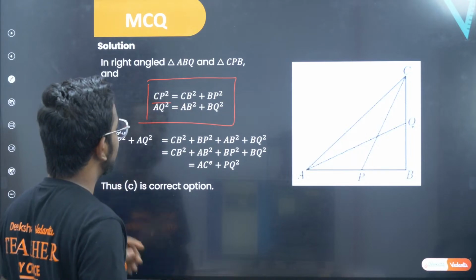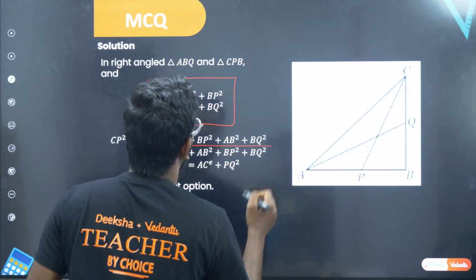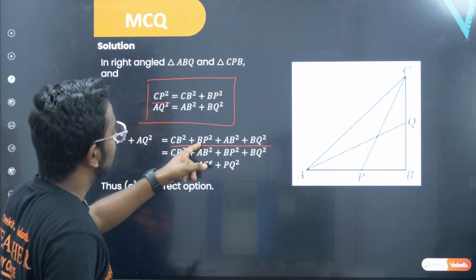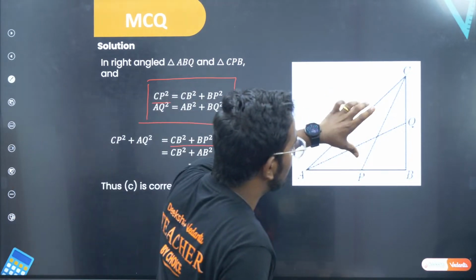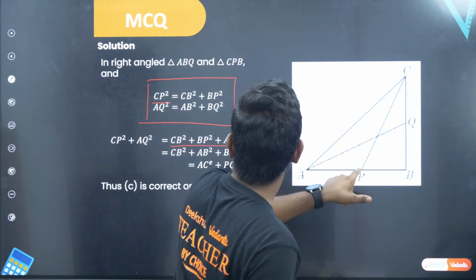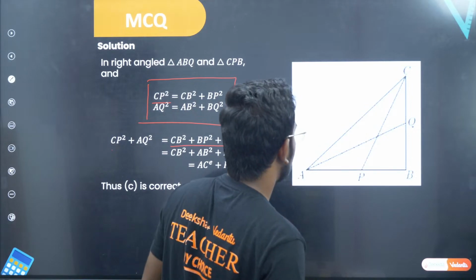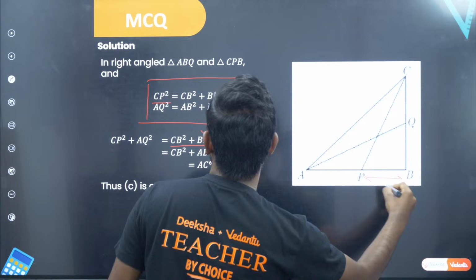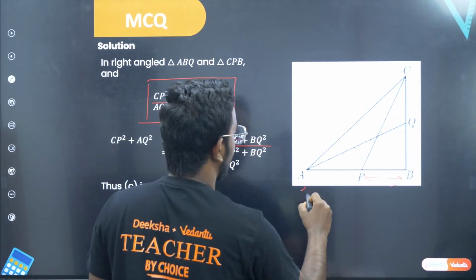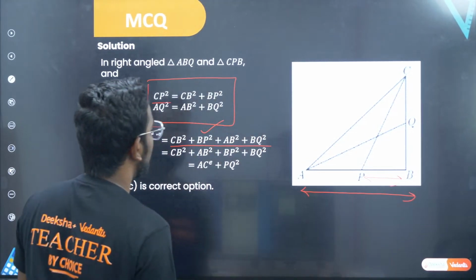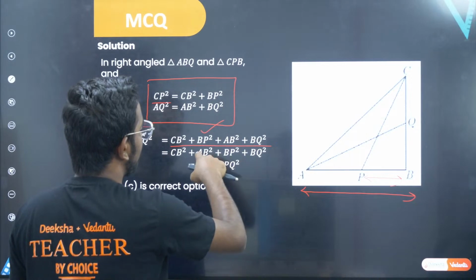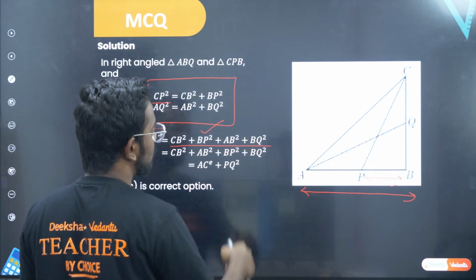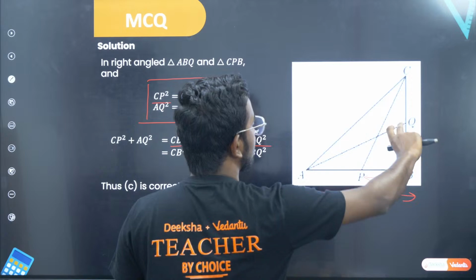I want CP square plus AC square. Add these things, but CB square and BP square, BP square is equal to AB square. BP is this, that is equal to AB. Why? See, I have written AB square here, BP square here, and BQ square. What is BP square plus BQ square?